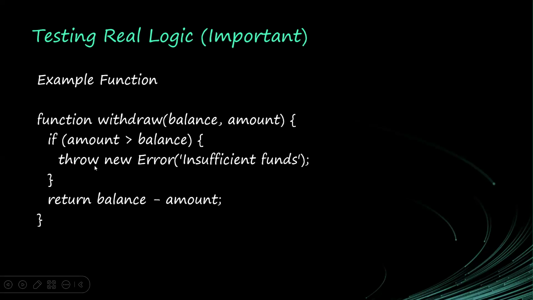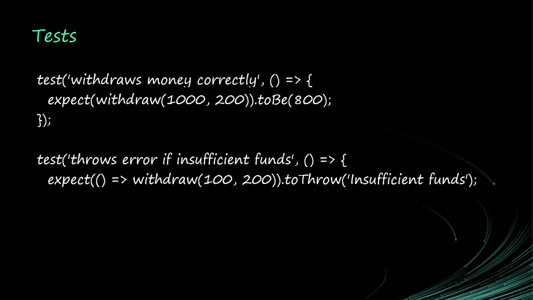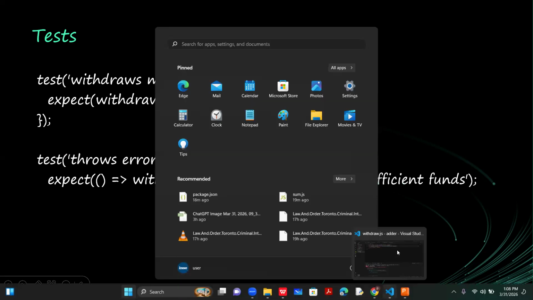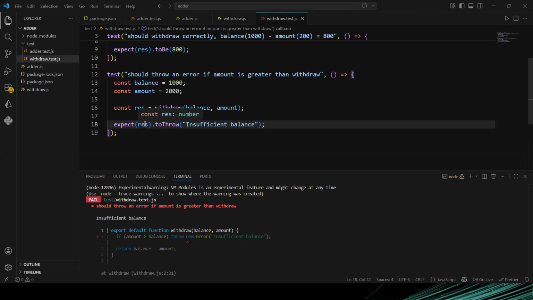If amount is greater than balance, throw new Error, insufficient funds. And our test says, sorry, this is what I'm supposed to do here. I'm supposed to call this withdraw here. It's not that result, sorry. This thing is not needed there.